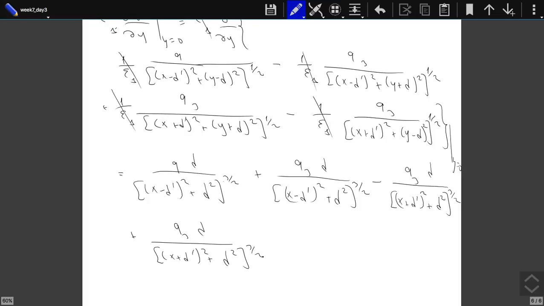Do you agree? So we have some cancellations already. The third term and the fourth term basically cancel each other.